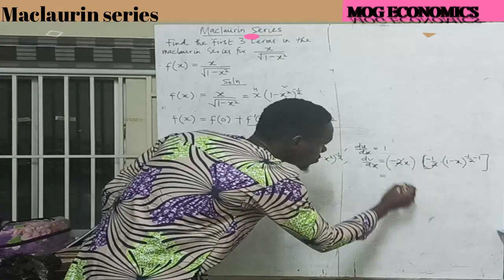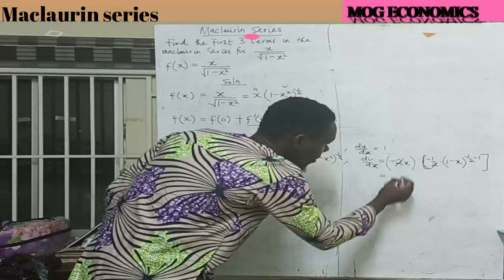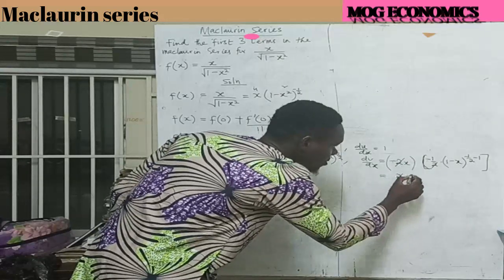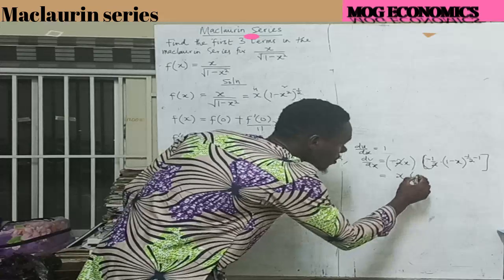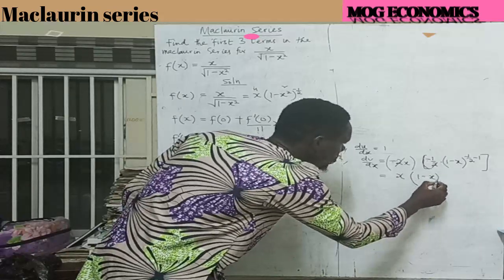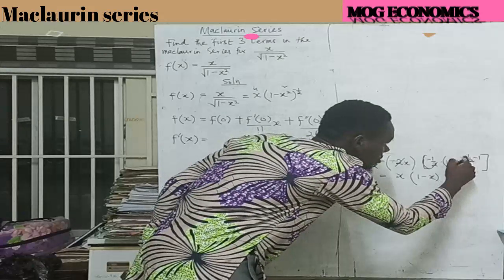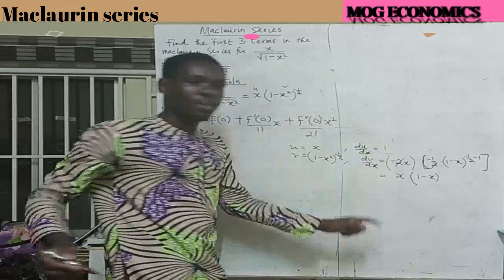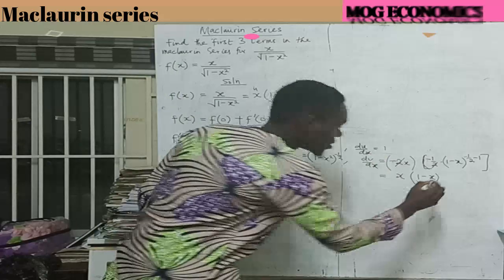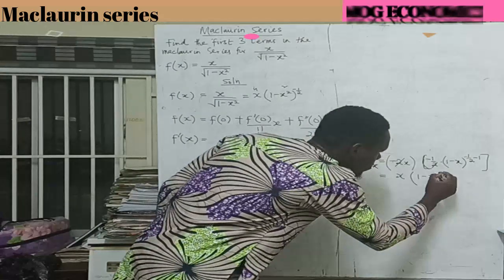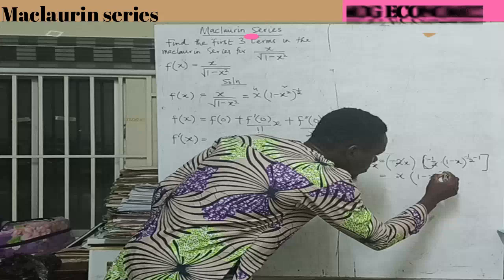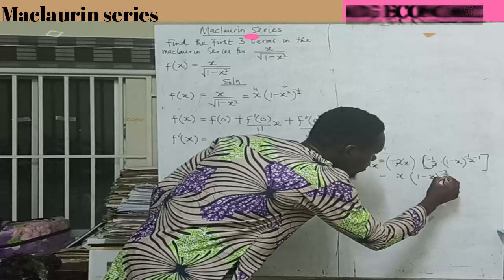The 2 here cancels this 2, and minus multiplied by minus, then we have x, 1 minus x squared. Now this is minus 1 over 2 minus 1, which is minus 3 over 2.